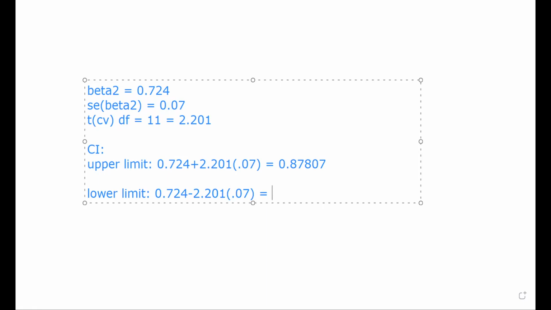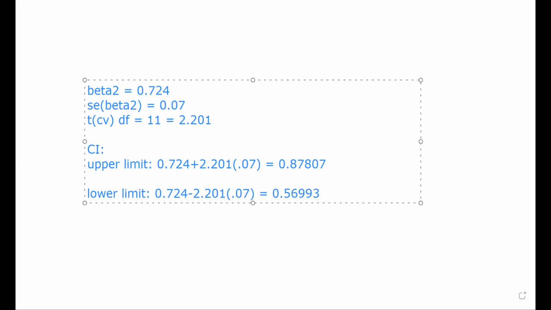2.201 times 0.07 is equal to 0.15407. This means 0.724 minus 0.15407, and we get 0.56993.